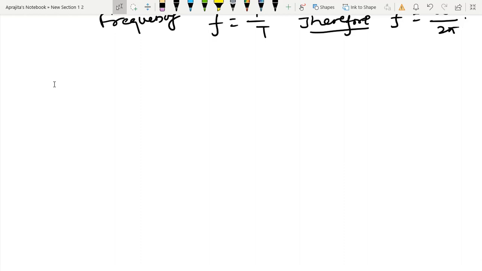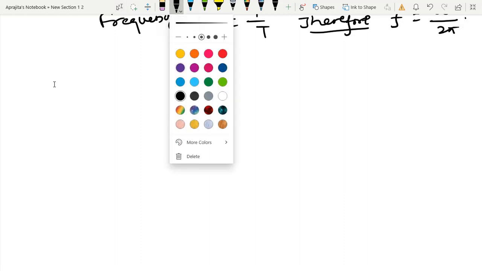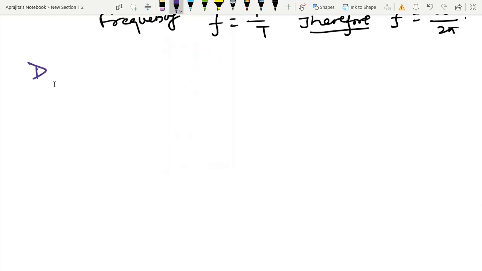You are all aware about the periodic function. So let us see the formal definition of the periodic function.